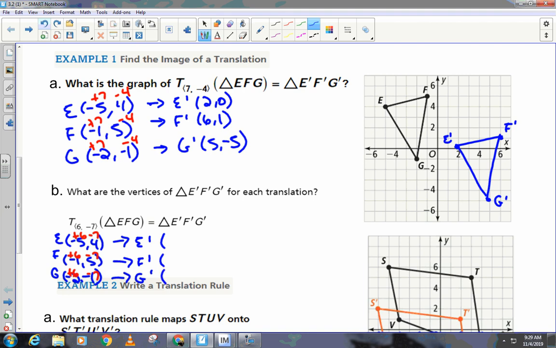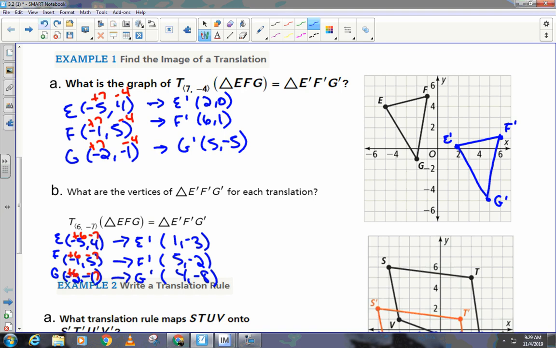Okay, so what would my E prime be? 1, negative 3. And what would my F prime be? 5, negative 2. And my G prime would be 4, negative 8. So we could do a transformation without even having to graph it.